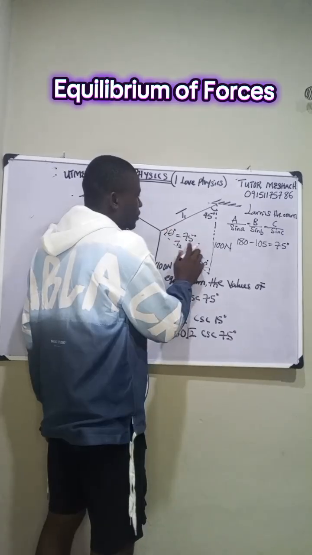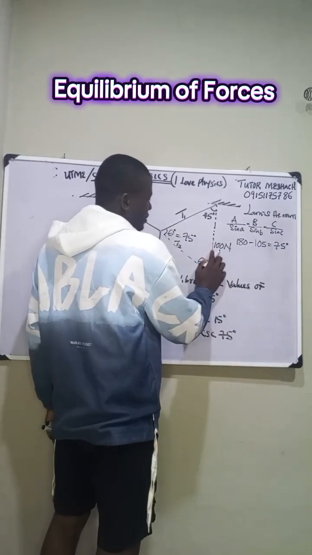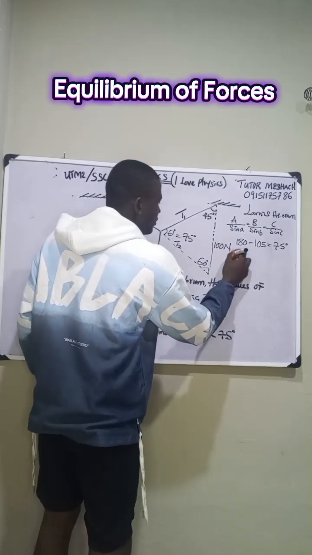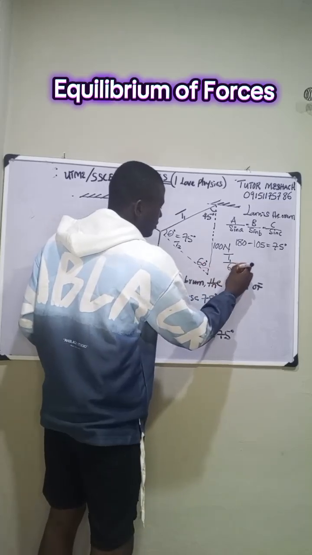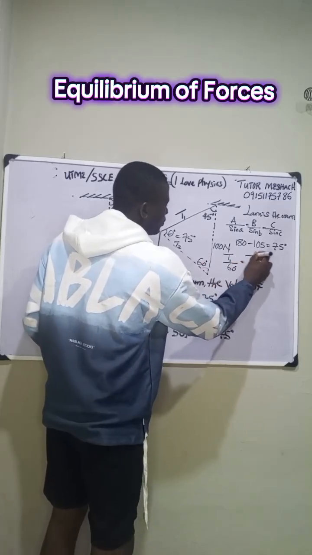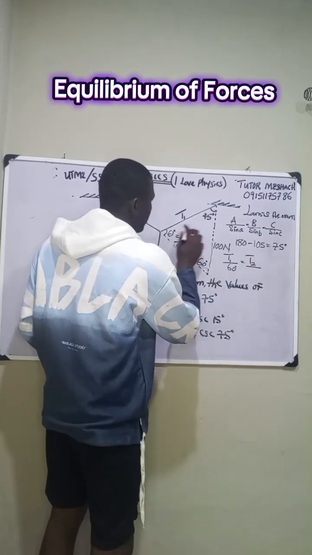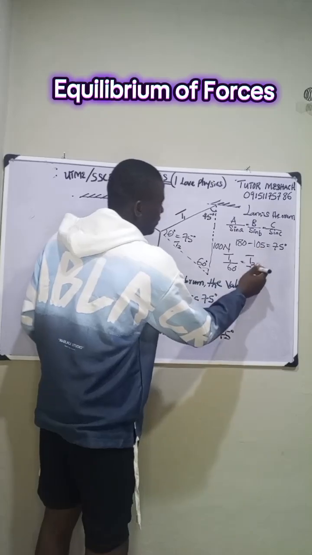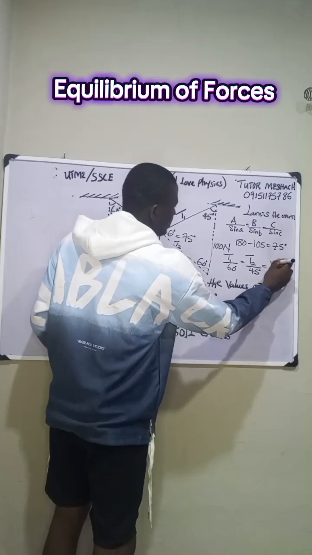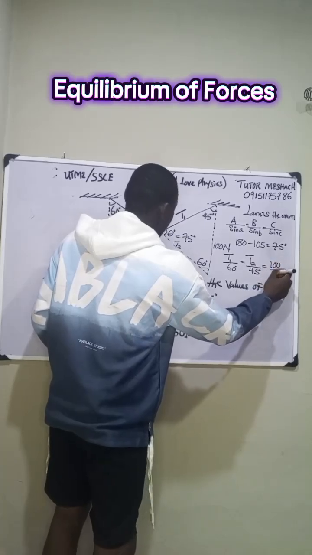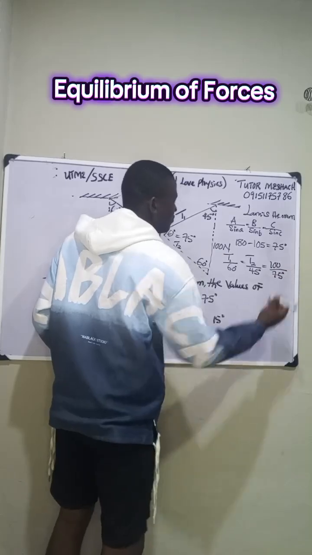Now let's compare T1 and this one. T1 over sine 60 degrees is equal to T2 over sine 45 degrees is equal to 100 over sine 75 degrees.